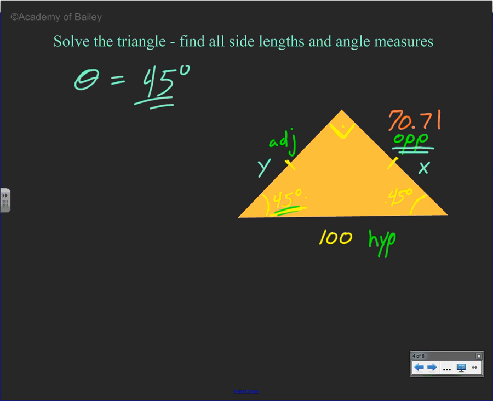And so therefore, the adjacent leg is also x, which is 70.71. This only works because it's an isosceles triangle. Not all of them are going to be isosceles, but I want to throw one of these in there so you can pay attention to these things and use previous knowledge to solve these.